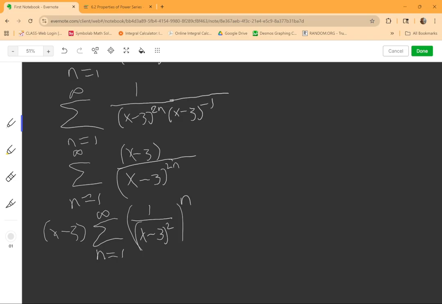Okay, and again, really why I want to write it this way is pattern matching to our geometric series, right, where we have 1 to the n is always 1, and then we multiply the exponent, so that's 2n.